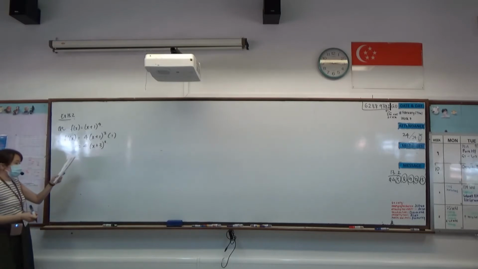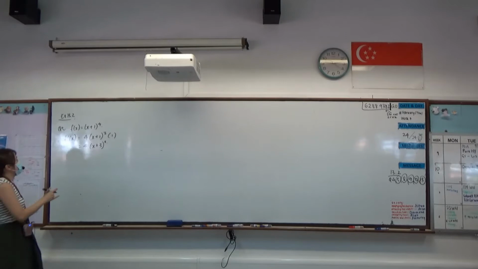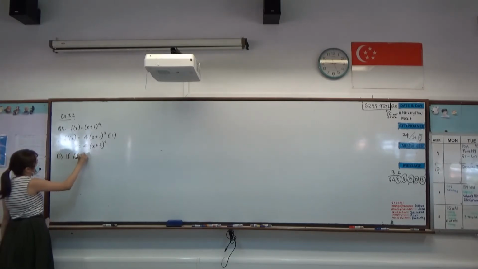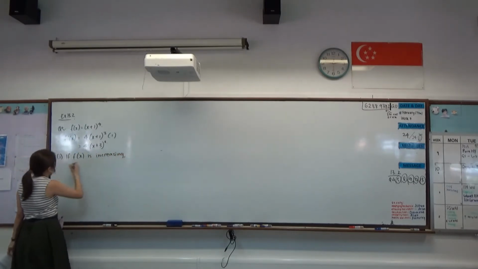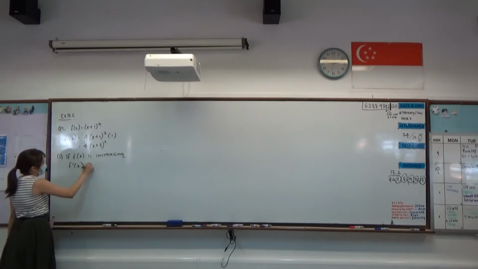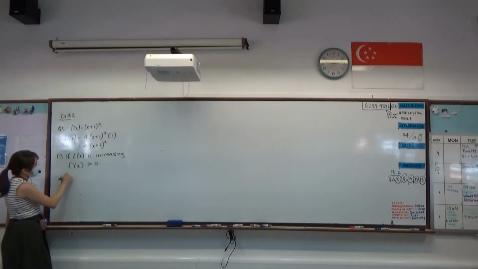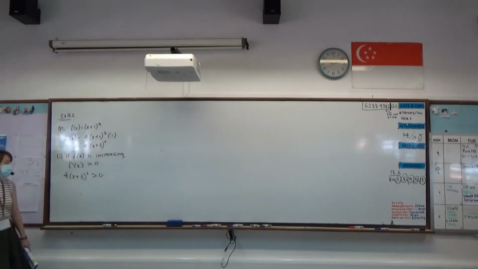Then we want to find the intervals where f(x) is increasing. So if f(x) is increasing, that means f'(x) has to be more than 0, right? Then that will mean that 4 times (x+1) cubed is more than 0.